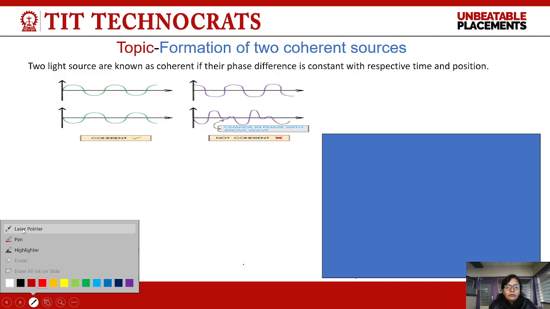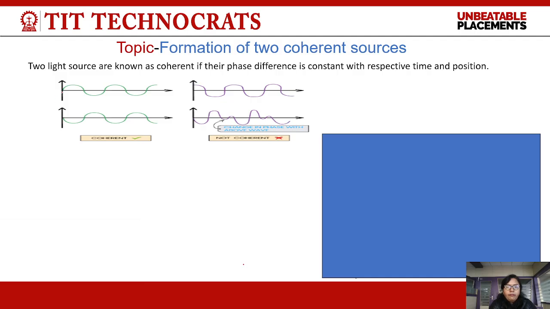Because as you have seen here, the phase of this wave is zero and this wave is pi by 2. When waves start from the starting point, their phase is zero, here their phase is pi by 2, and at this point their phase is pi.